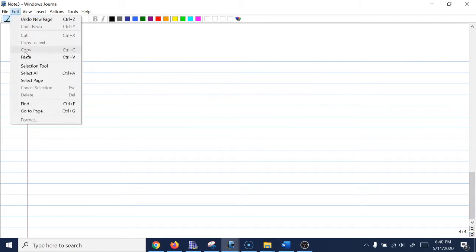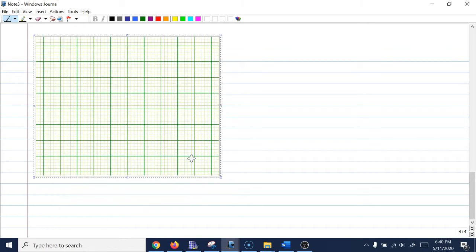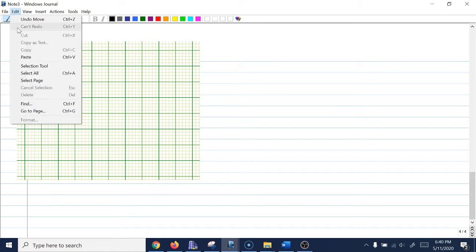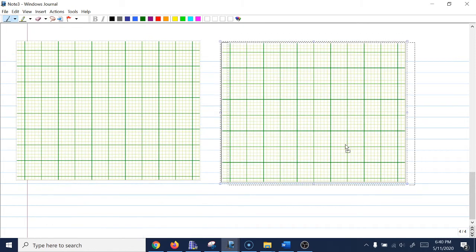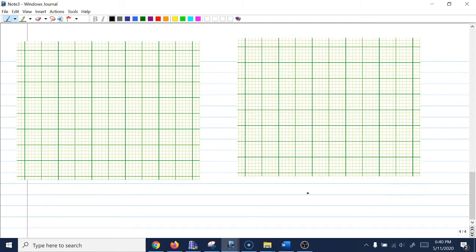Can I make some more graph paper? Let's try sketching the graph of a derivative given the graph of a function. So let me draw a curve.